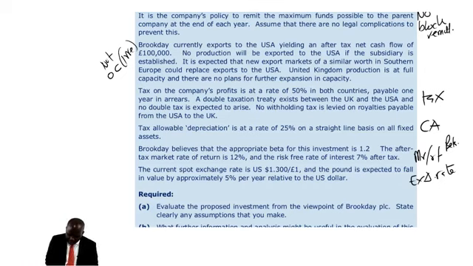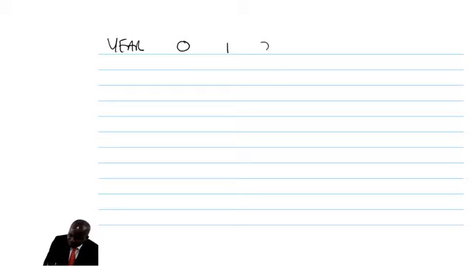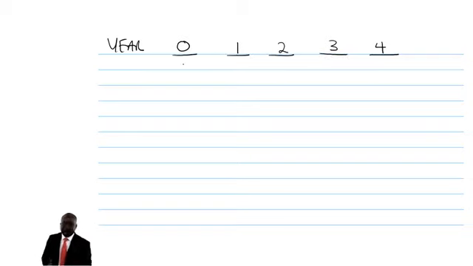So I go and open my sheet. I leave space there and I'm going to say yes. The project is for 4 years. 0, 1, 2, 3. Let me do my board well. 0, 1, 2, 3, and 4. I leave space in case something should go to year 5.